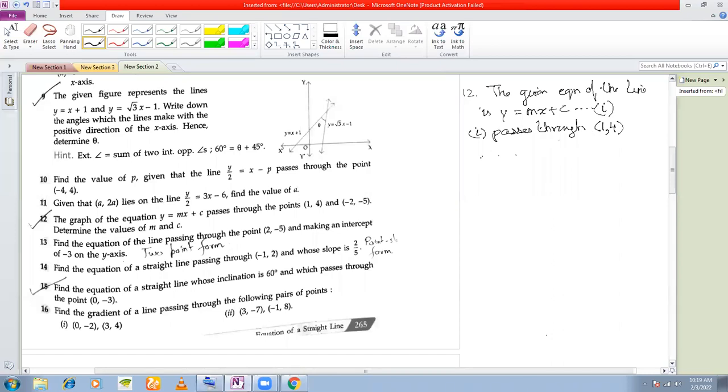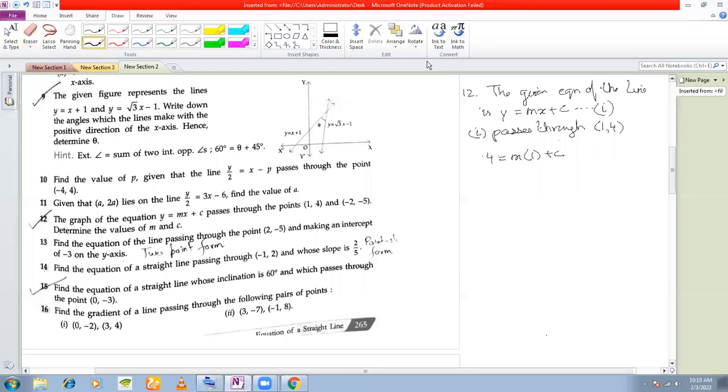So you replace y by 4, and this becomes your x coordinate. You replace y by 4 and x by 1 in y = mx plus c. It must satisfy the equation.